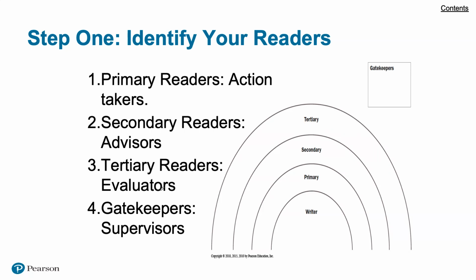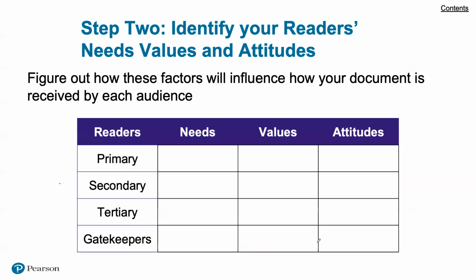Tertiary readers are evaluators, and so could have some technical advisors of one sort or another. And finally, gatekeepers, who maybe give a budget or the parameters for which a decision would be made. All of these are useful for you to get a sense of what's going on.